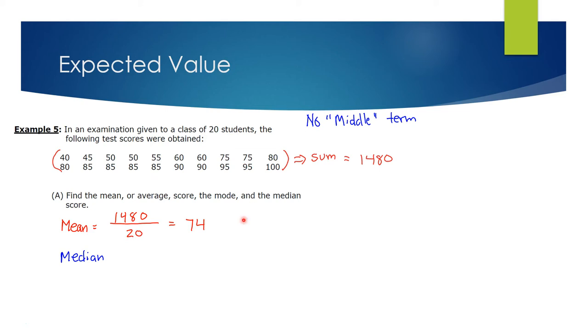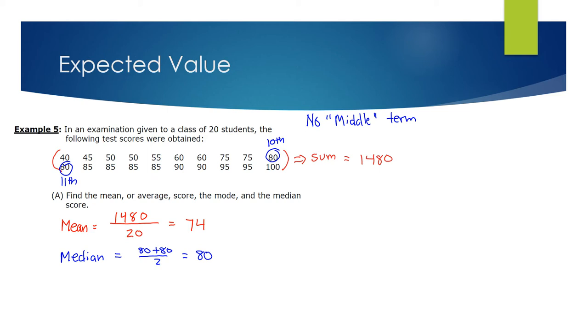If I get a decimal, like 10.5, that means go to the 11th term. If I get like 14.7, for instance, probably not going to happen, but it means go to the 15th term. But for this case, since 20 divided by 2 is 10, I should find the 10th and 11th terms, which both happen to be 80. So if I average those together, I get 80. So the median score does happen to be 80.